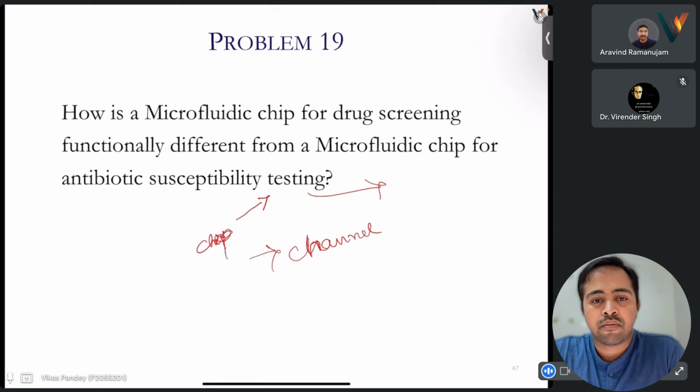So both are very similar. We are testing the impedance in both cases. So what is the difference?